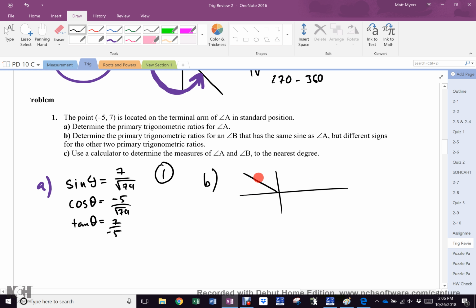I don't want that one. I want B that has different signs. So I need this over here, which means everything will be positive. 7 over root 74, 5 over root 74, and 7 over 5. That you get 2 marks for because you had to actually know some stuff.